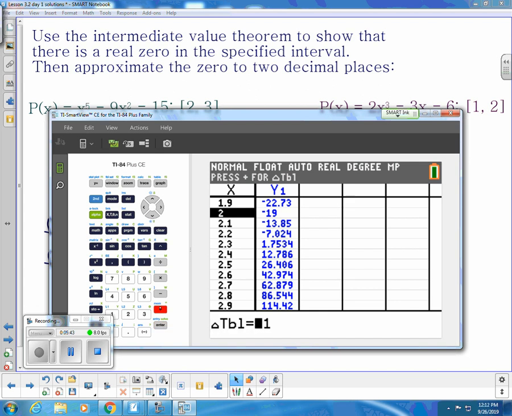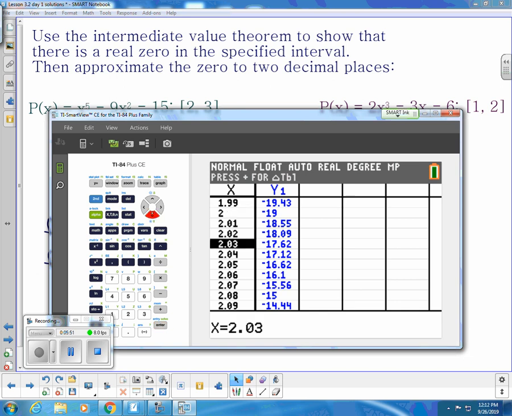Let's change it to the nearest hundredth, which is what we're wanting to do. Now there's no sign change. You got to arrow down. You're looking for the sign change in the y. Well, we already said it was between 2.2 and 2.3. You see it?